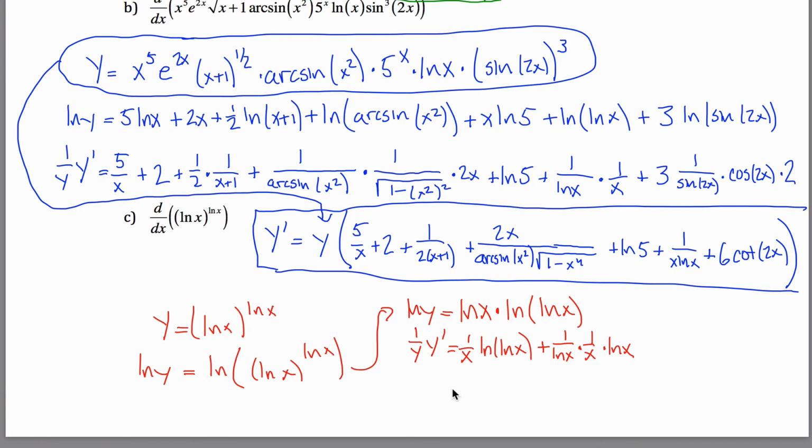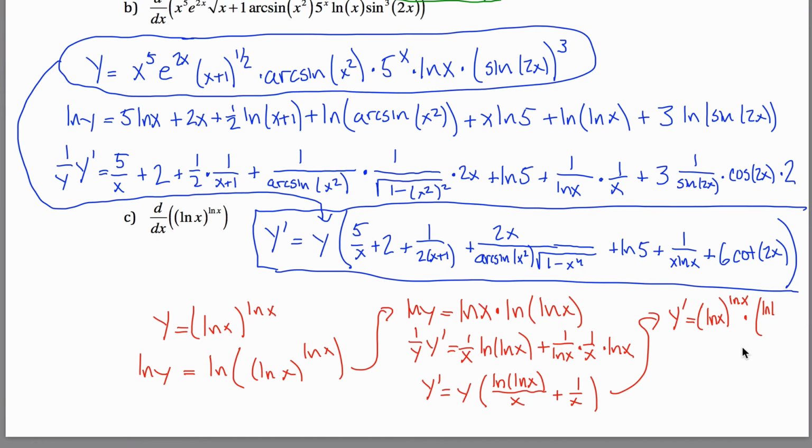So I get that y prime is equal to y times, and then over here I got the natural log of the natural log of x over x. And over here my natural log of x and my natural log of x cancel out, and I just get 1 over x. So y prime is equal to y, which is the natural log of x raised up to the natural log of x power, times this thing, which I could rewrite as the natural log of x.